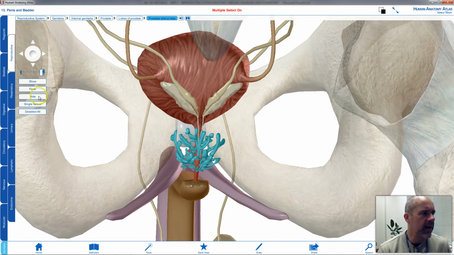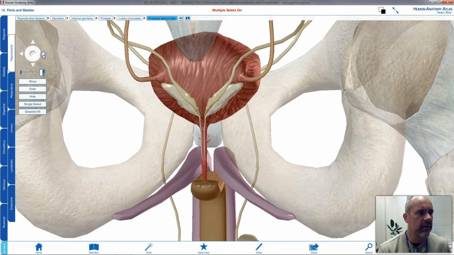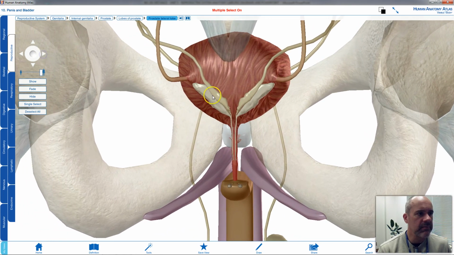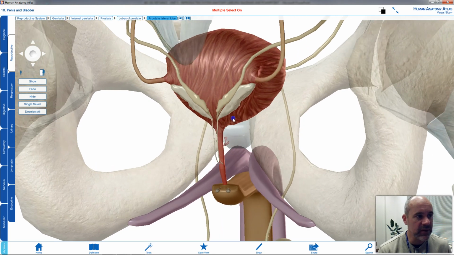Okay, let me hide those so I can reveal something else back here. All right, so this kind of brownish structure here, that's the vas deferens on each side, and the seminal vesicle. Notice, glands that produce exocrine secretions, that are going to get secreted onto a surface and not into the bloodstream, those have ducts, little tubes that carry those secretions away.